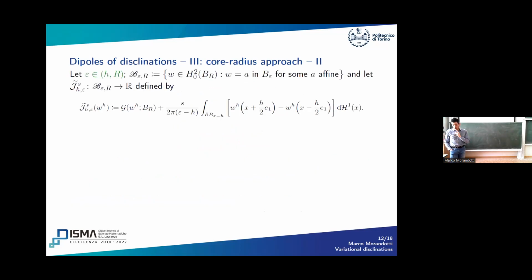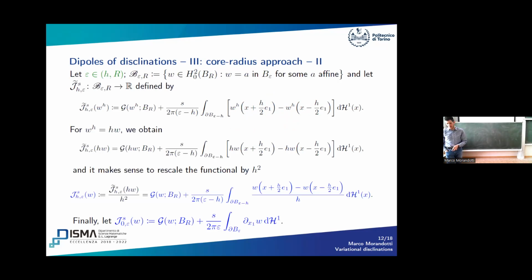Okay. So as I said, if we apply the theta h to a function w, we obtain this thing here, okay? And then if we rescale this by dividing by h, we would like to see something that is like an incremental quotient. Okay, so the w h can be rescaled as h times another function w.